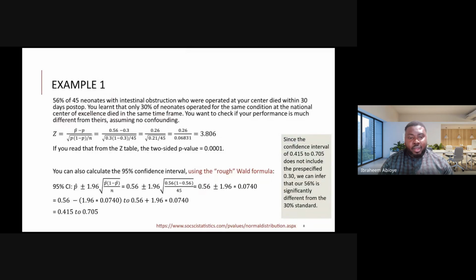You subtract this from that, multiply, find the square root, and you get a value of 3.806. You look at this value of 3.806 in the z table, and the p-value is 0.001.